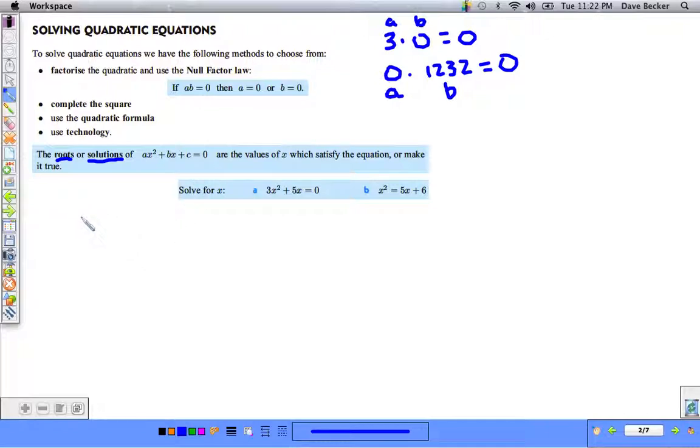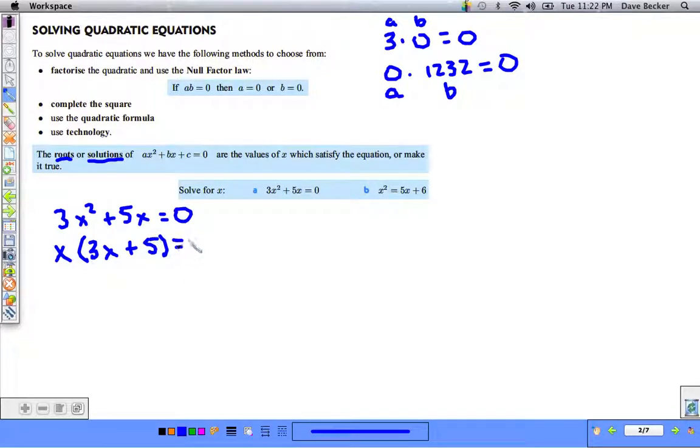Okay, so let's solve one real quick. 3x squared plus 5x equals 0. Quick review of factoring. The first thing you check: do the terms have anything in common? These have an x in common, so I'm going to factor it out.